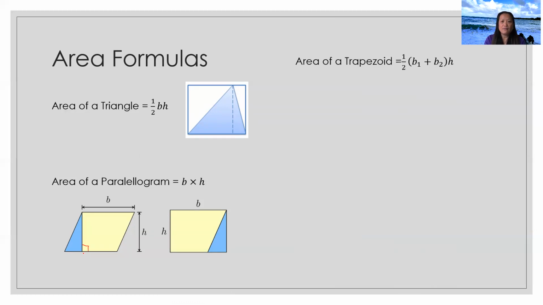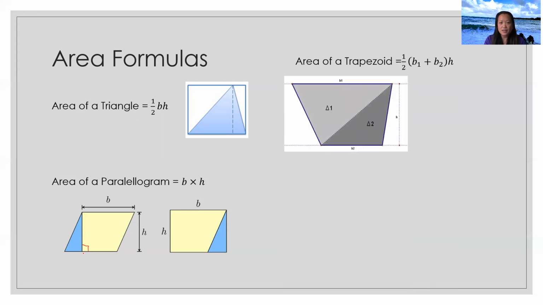Now, what if you have a trapezoid? What's a trapezoid? Looks like that. The bases are not the same length. You can visualize it using two triangles in there. Triangle 1, triangle 2.